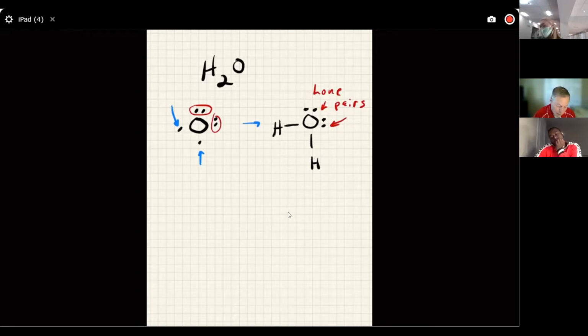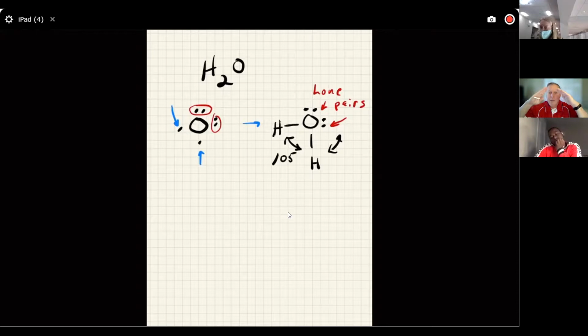Now, again, all these angles should be 109, but they're actually a little bit more compressed. So this angle here should be 109. Remember, it's 4 electron pairs around an atom. That should be tetrahedral. But in this case, it's actually kind of compressed because the lone pairs push down a little bit harder than bonding pairs.